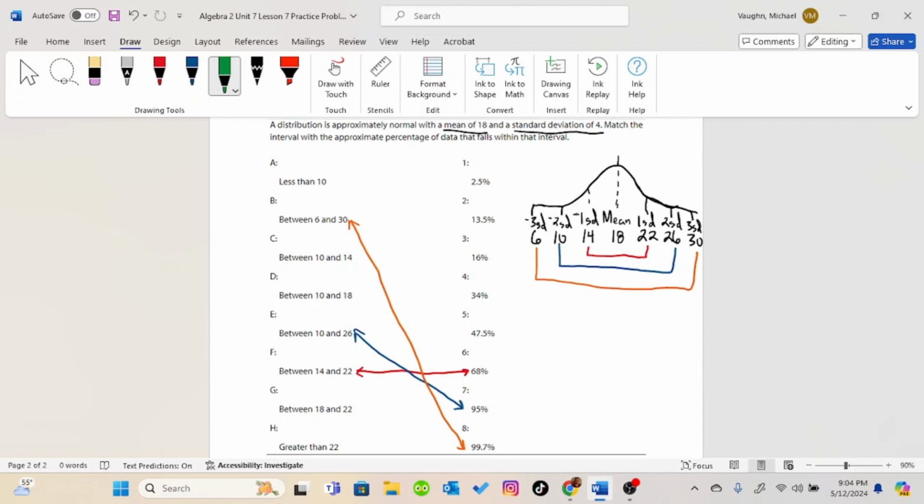So if I have 95% between 2 standard deviations below and 2 standard deviations above, then 100% minus 95% equals 5%, and 5% divided by 2 equals 2.5%. So A matches number 1. 2.5% would be less than 10, and 2.5% would be above 26.